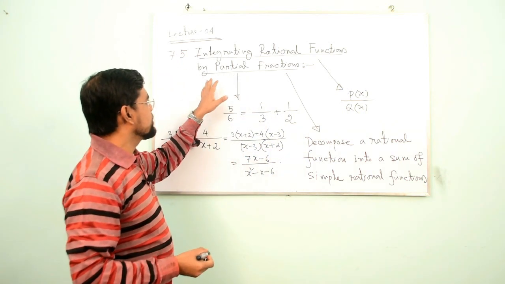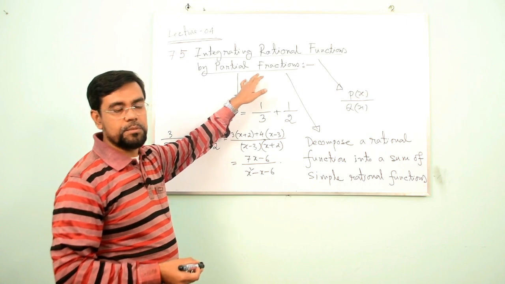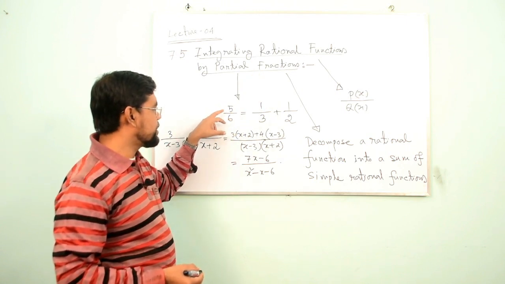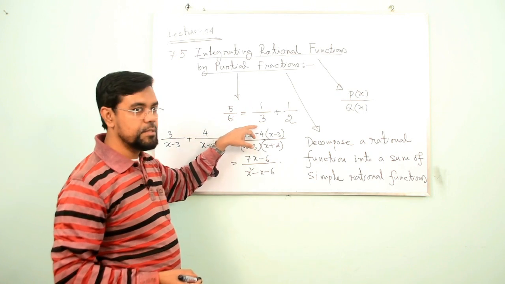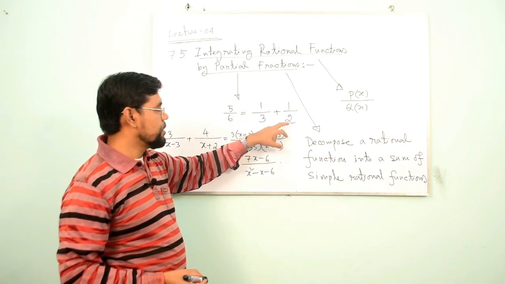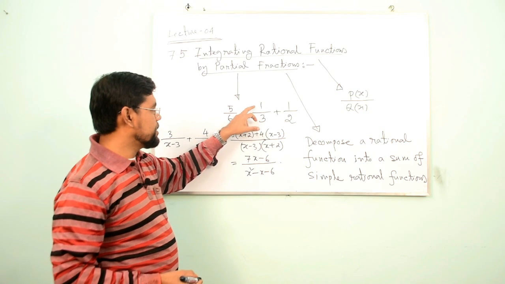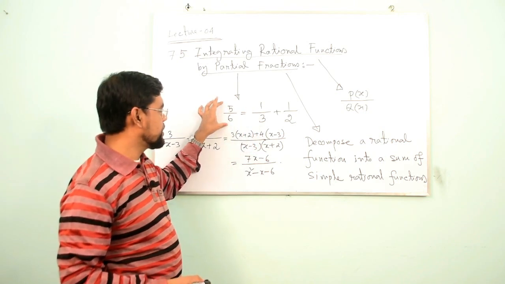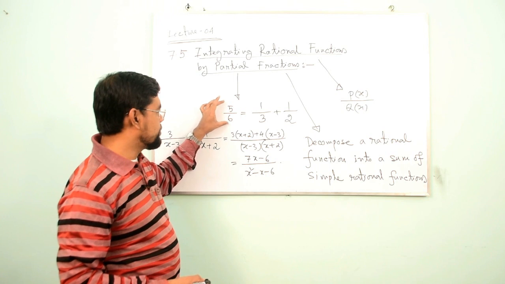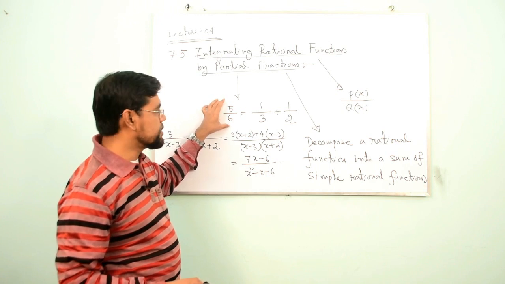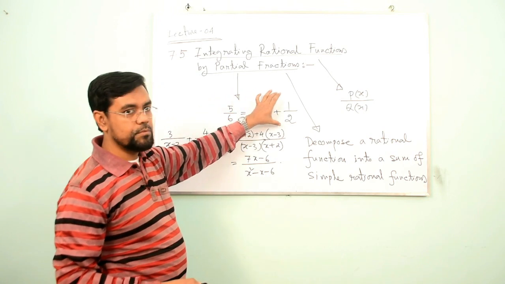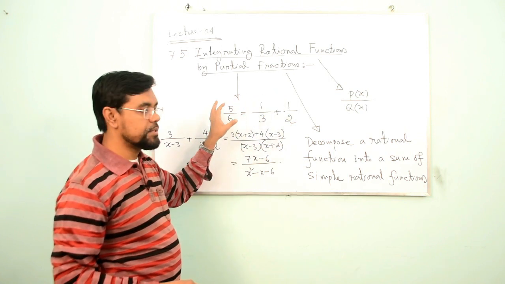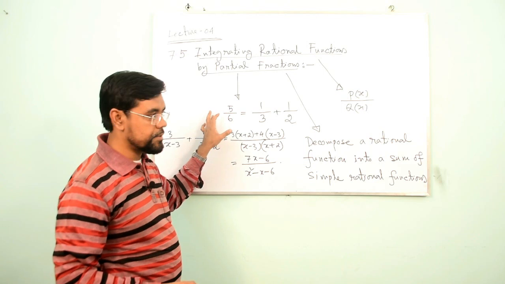The next one is partial fraction. What does it mean by partial fraction? Let's see. We can write 5 by 6 equals 1 by 3 plus 1 by 2. So 1 by 3 is a partial fraction of 5 by 6, since you decompose 5 by 6 as the addition of two fractions, and 1 by 2 is another partial fraction of 5 by 6.